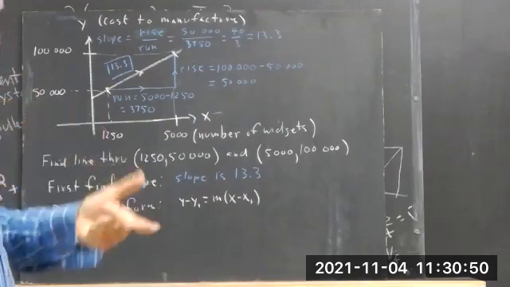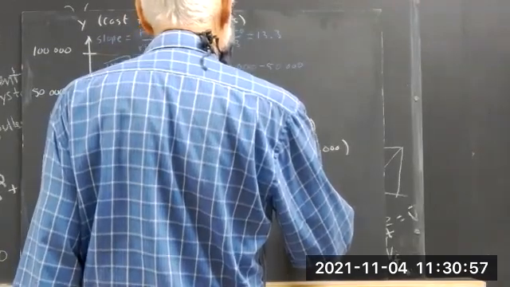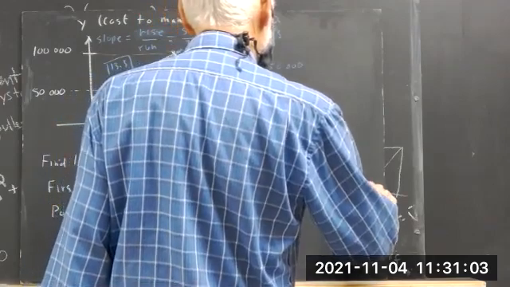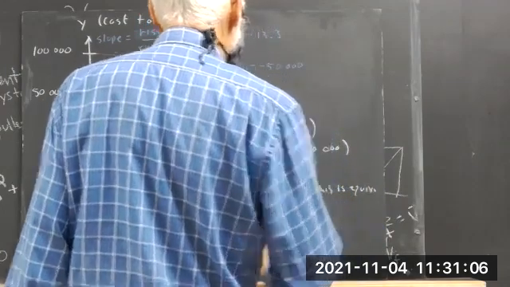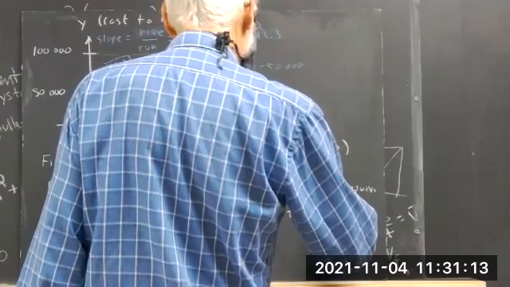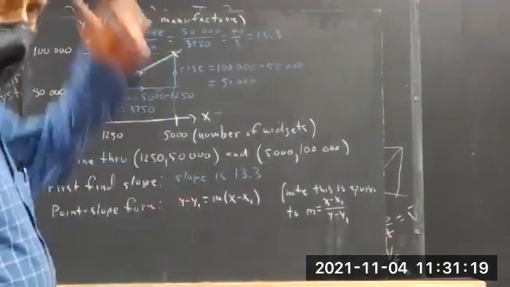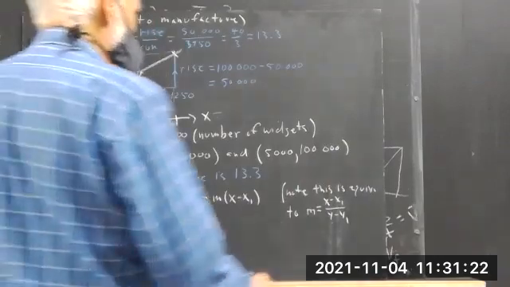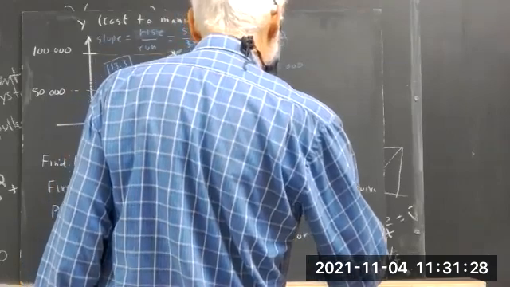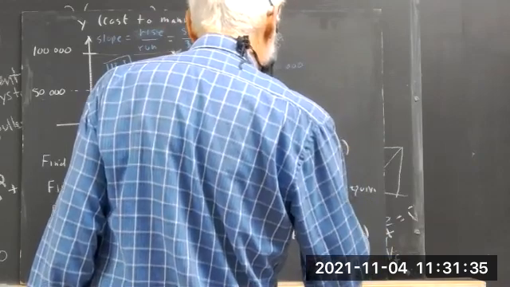I'm going to go ahead. There's one connection here that I want to make. This is equivalent to saying that m equals y minus y1 over x minus x1, for every x, y on the line.